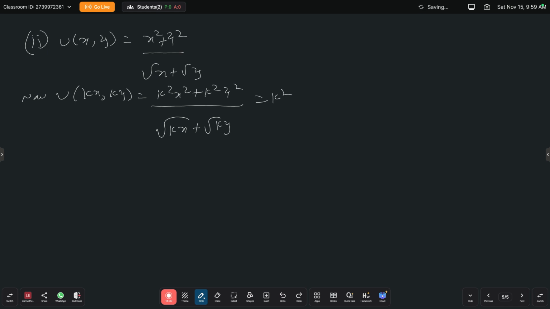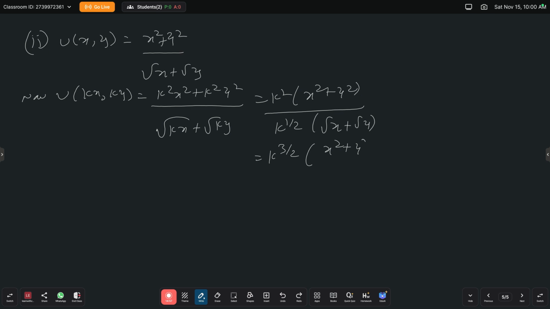Now k square is common in the numerator, and in the denominator root k is common, that is k to the power 1 by 2, into root x plus root y. So k square into k to the power minus 1 by 2 is k to the power 3 by 2. Now x square plus y square by root x plus root y, so k to the power 3 by 2 into u of x comma y.